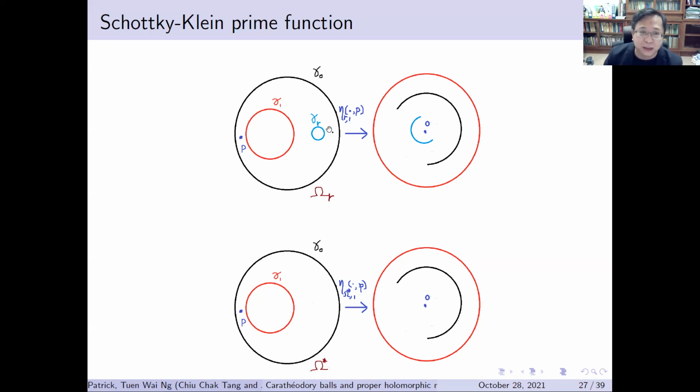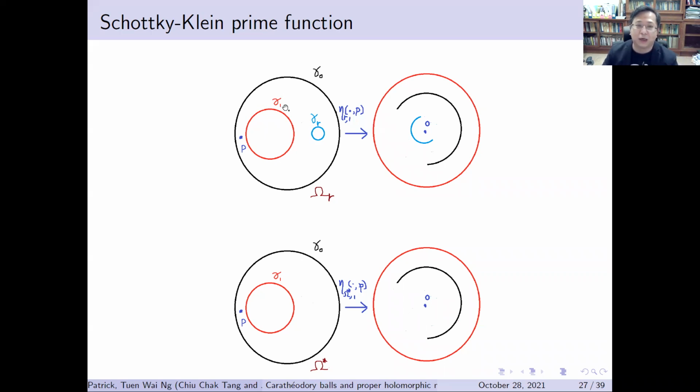This is a circular domain, but then we have a family of small circles with the same center and radius r, and eventually we will let this r tend to 0. We look at this kind of domain, call it omega r, and in fact there can be more circles here, but for our purpose, this one would be enough.